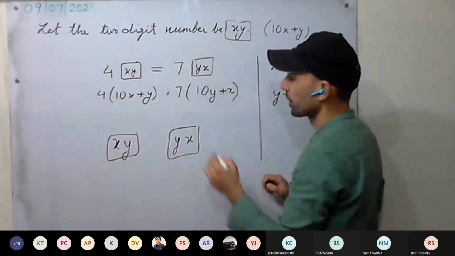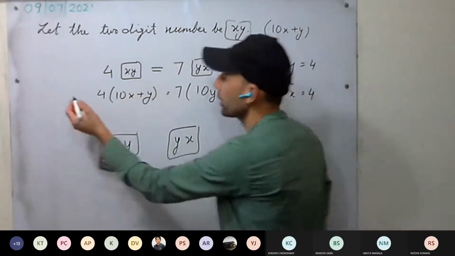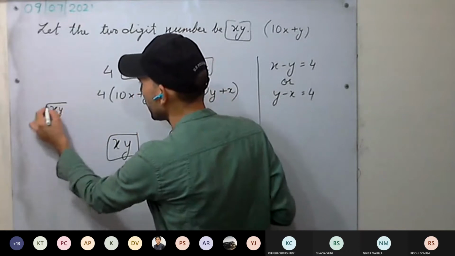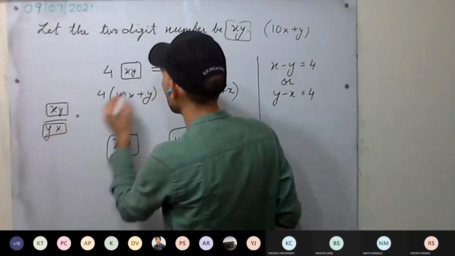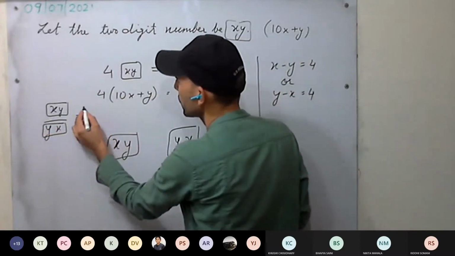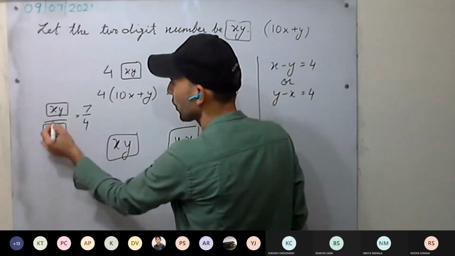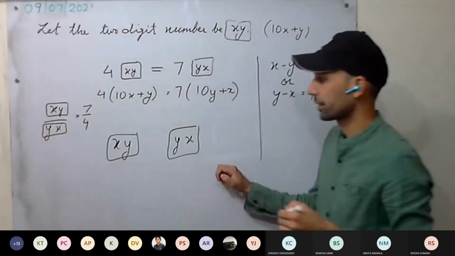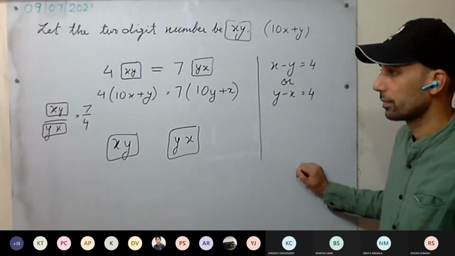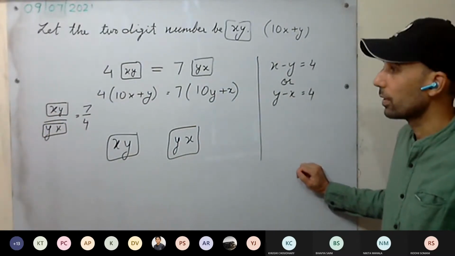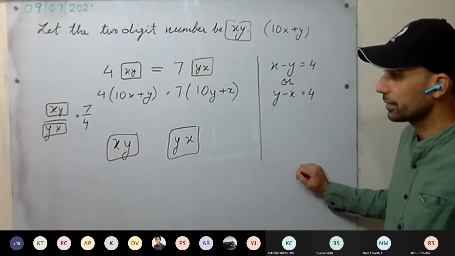Which one is bigger? If you get this idea from here, xy upon yx equals 7 upon 4. Which of these numbers is greater?